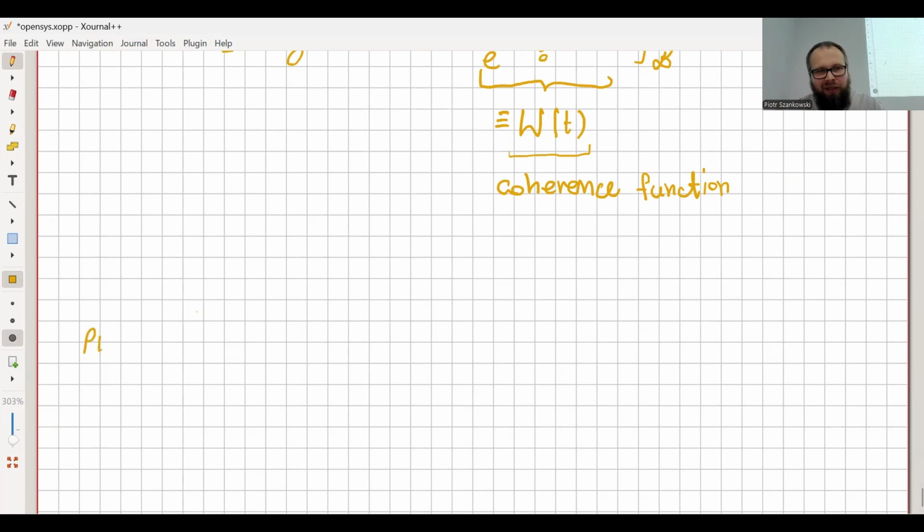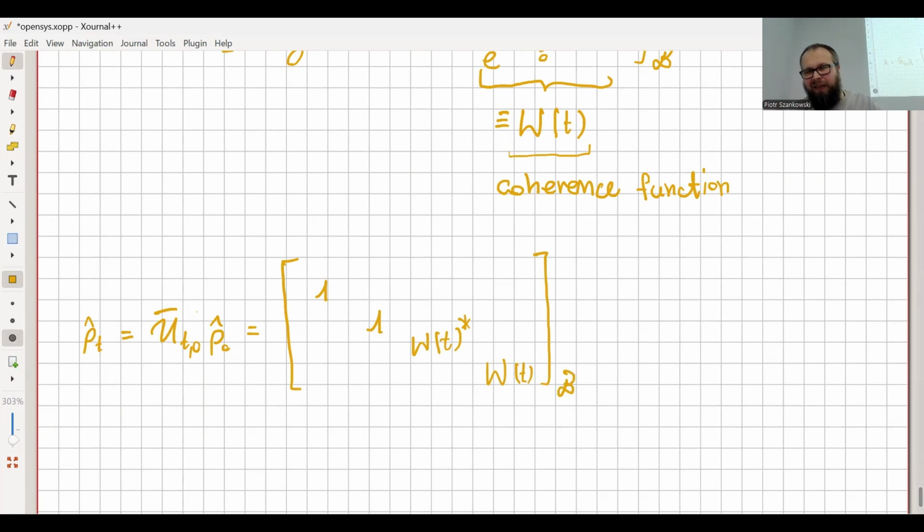So rho of t equals, on row 0, on the one hand 1, W(t), conjugate W(t), and on the other hand we have our initial condition.